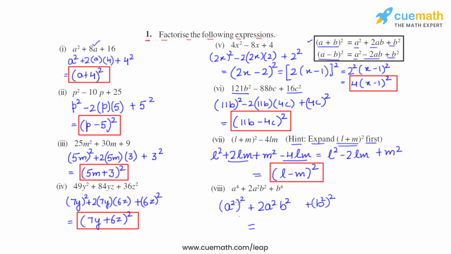So A² plus B² plus 2AB is equal to (A plus B) whole square, where A is actually A² and B is actually B², and whole square. So this becomes the factored form for the last expression.